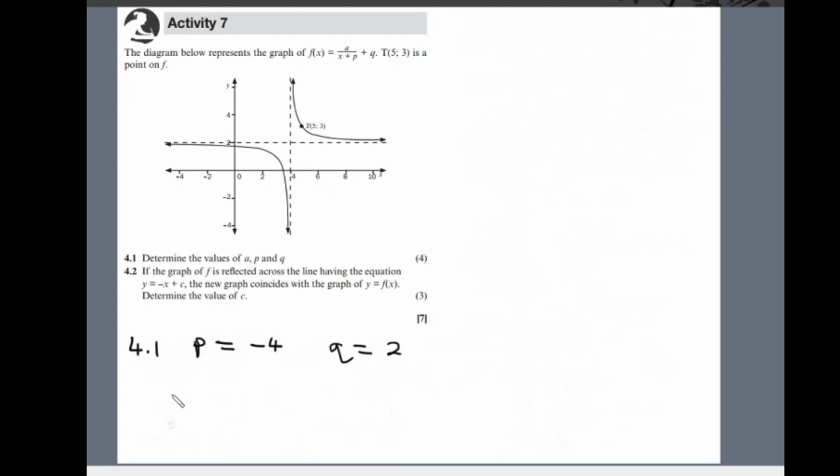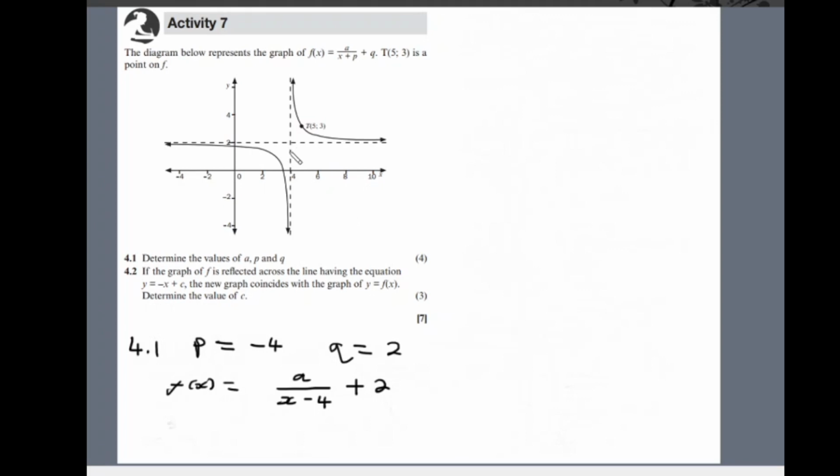So now my equation becomes f of x is equal to a over x minus 4 plus 2. I got the values of P and Q by simply looking at the vertical and the horizontal asymptotes.